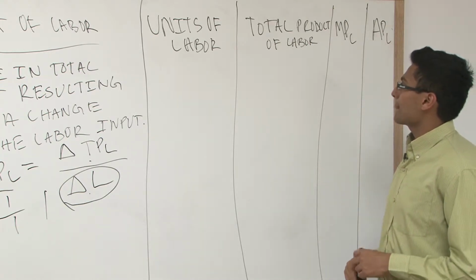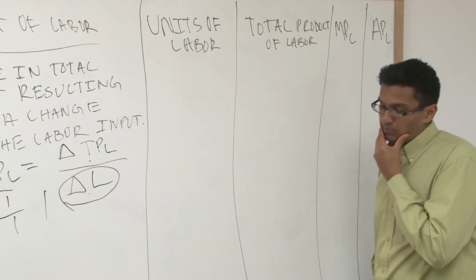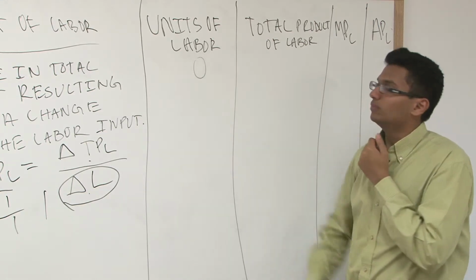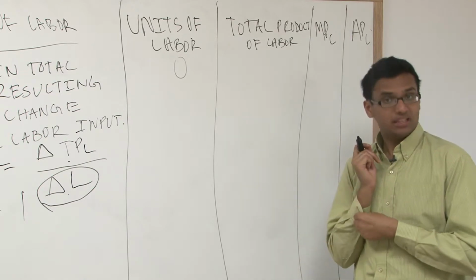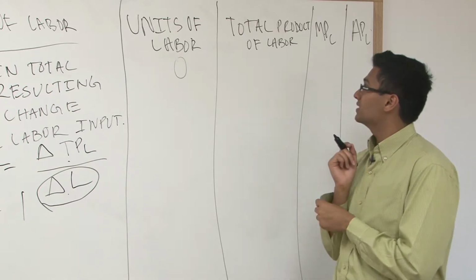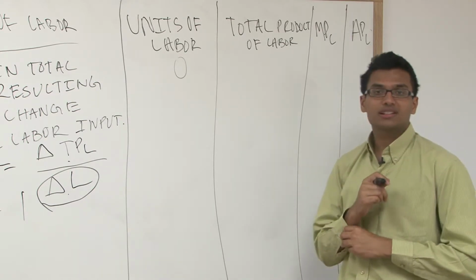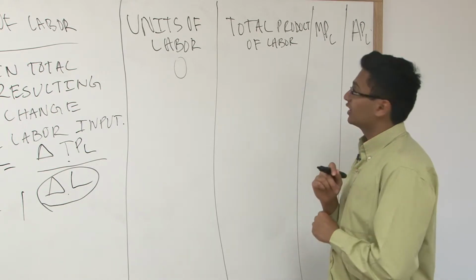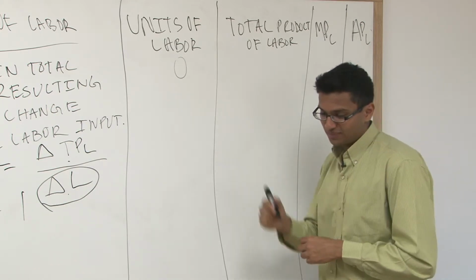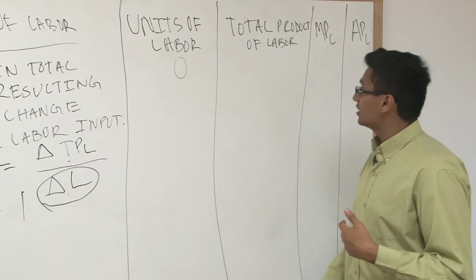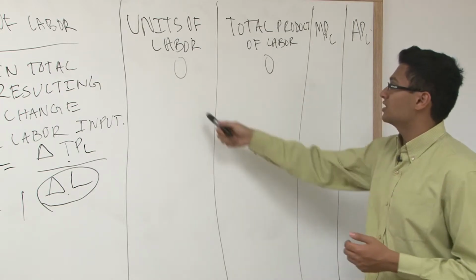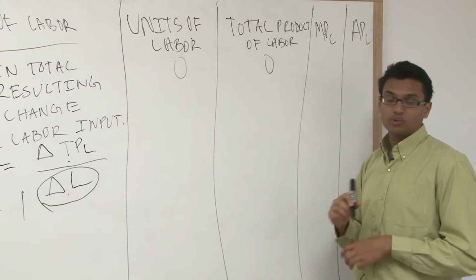First one is going to be pretty simple. We'll have 0 people in our restaurant. We said pizza, so let's choose pizza as our example today. For the total product it would be 0, because obviously with 0 people you're producing 0 products.